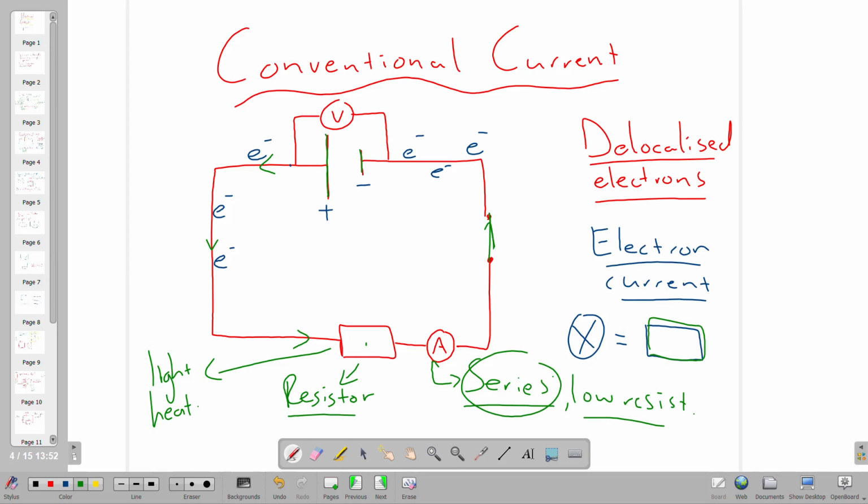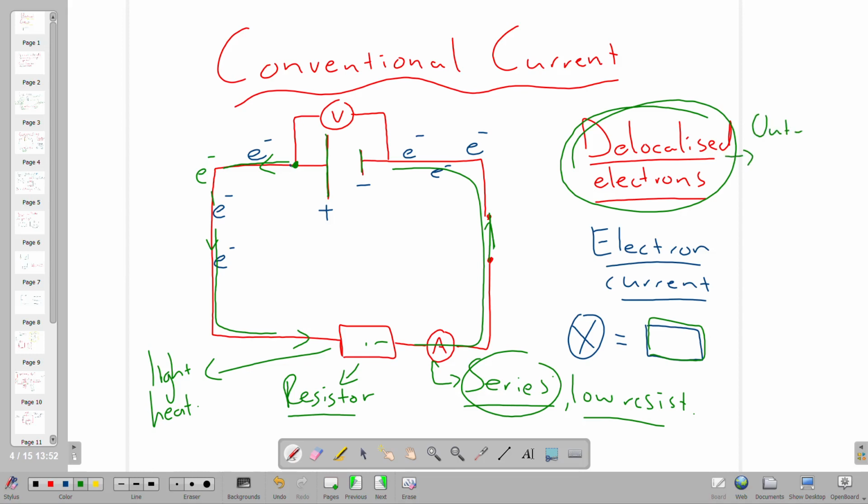Alright, so my current that I'm speaking about is the flow of electrons. Now, we mustn't think of the flow of electrons, the current, as opening a tap over here and suddenly electrons move slowly along all the way to the end. These electrons that are flowing through are delocalized electrons, meaning they are on the outer energy levels of our atoms.